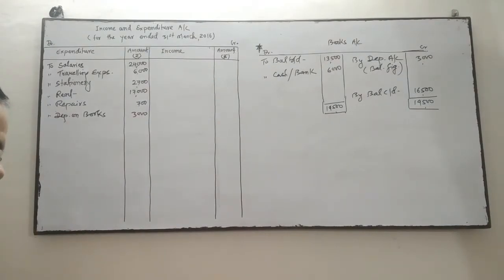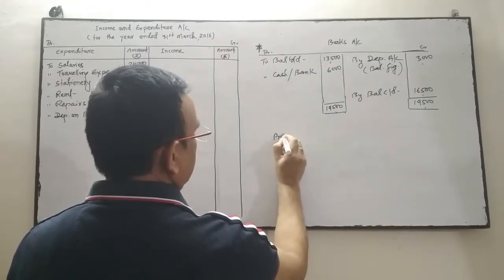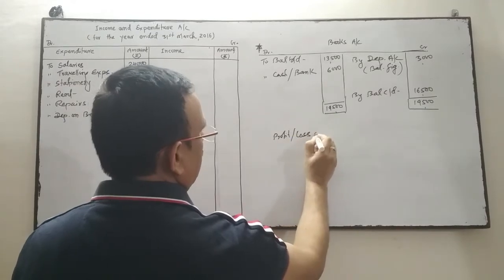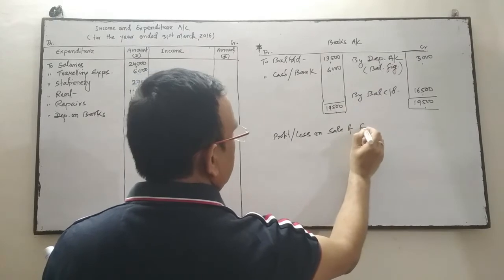Payment side, it has not given any furniture, but in the receipt side it has given sale of furniture whose book value is 6,000. So profit or loss on sale of furniture.